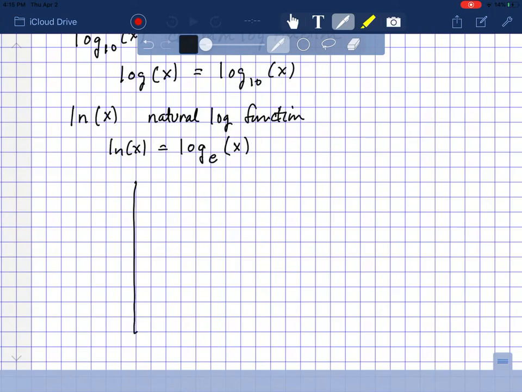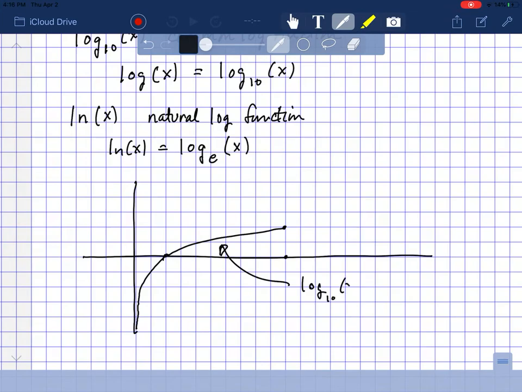Now, both of these log functions happen to look a little like this. Let's see if I can. 1, 2, 3, 4, 5, 6, 7, 8, 9, 10. So here is a little bit of the graph.